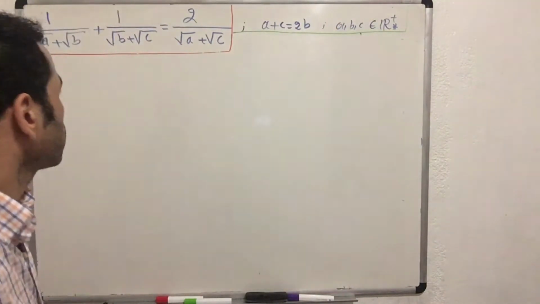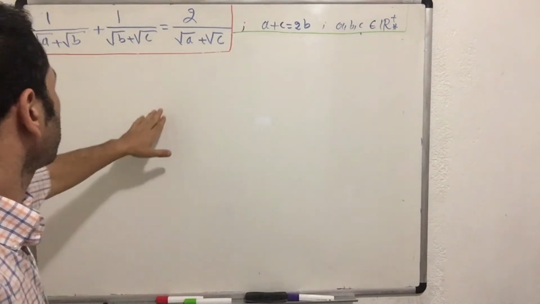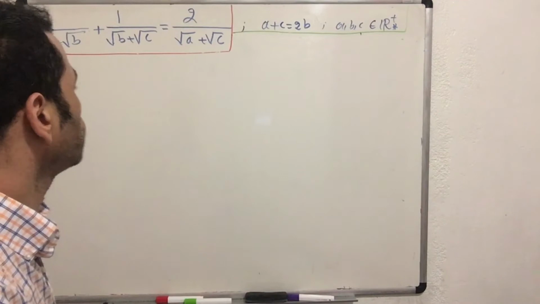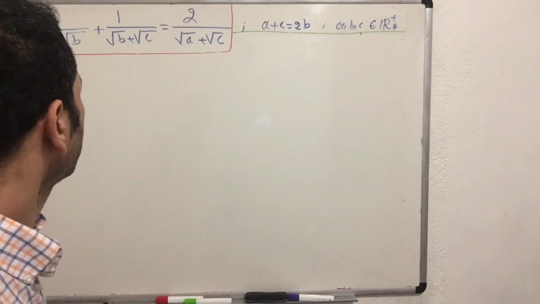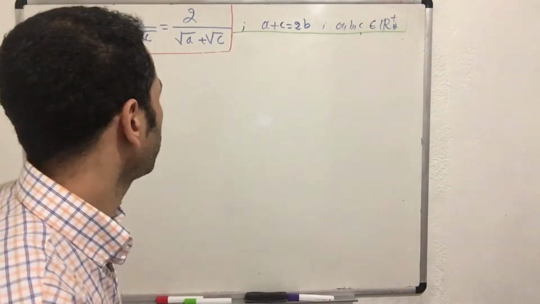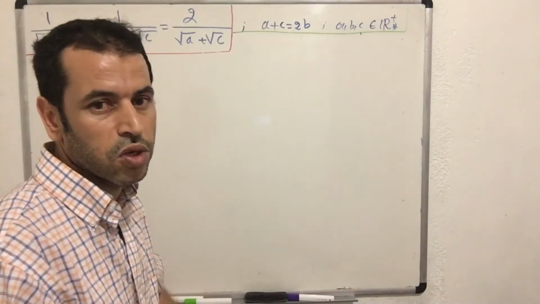This is not too hard, but I'm doing this one to show you how to deal with square roots and conjugates, how to take the square root off from the denominator.